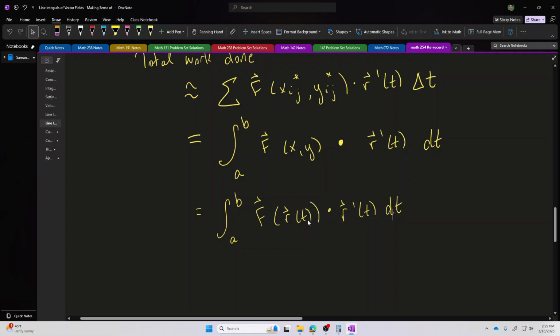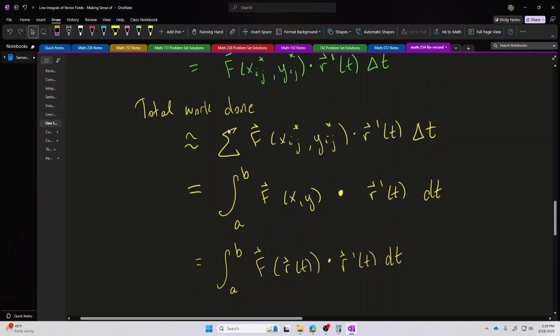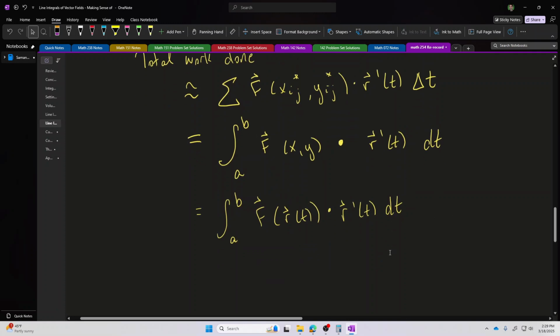And the amount of that alignment is measured by the dot product between the force field and the tangent vector. Take that dot product and then find the cumulative value, find the total amount of alignment by applying an integral, which is coming from this Riemann sum. So this is a little about where this formula comes from.